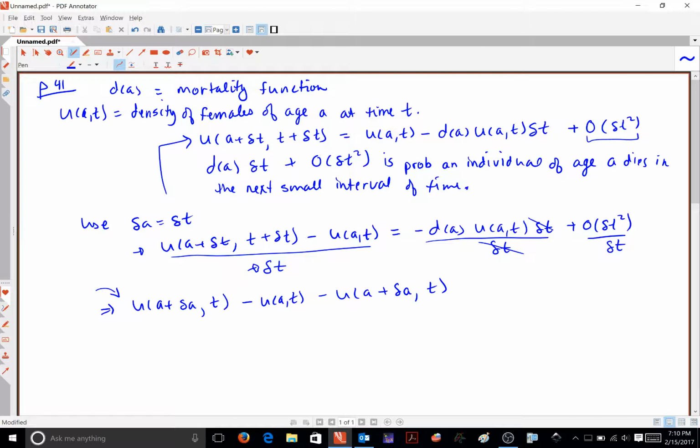But now I'm going to add to it u of a plus delta a, t plus delta t. And this is all still over my delta t.